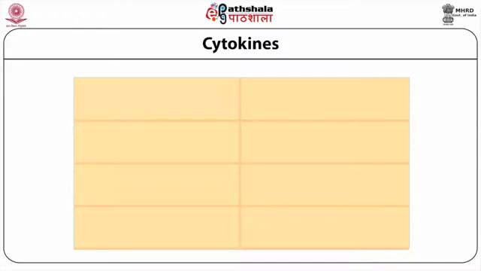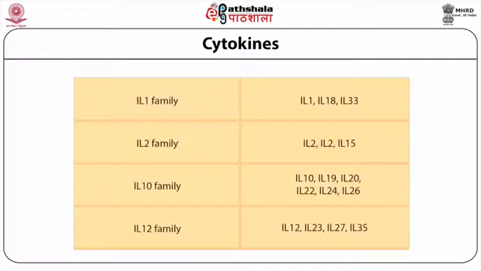Some are better characterized than others. Some are also produced by lymphocytes, and in those cases they are called lymphokines. These can be placed in 4 families, which are mentioned here, and this classification is based upon their structural similarities. Like other cytokines, these have diverse functions and highlight the overlap between innate and acquired immunity.